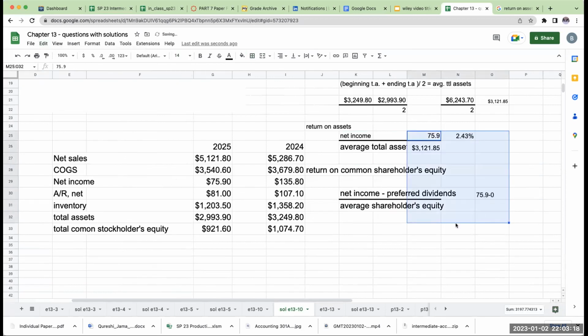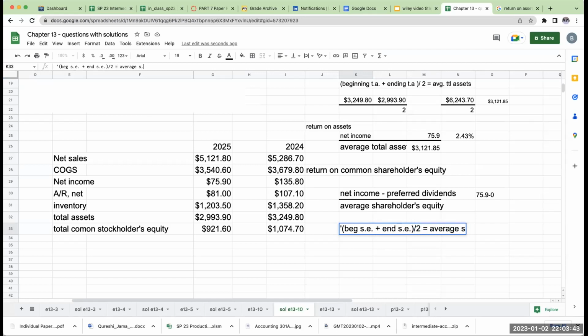Okay, so let's go over here. My average shareholders' equity, just like the one before, is my beginning shareholders' equity plus my ending shareholders' equity, and this result is divided by 2. Okay.